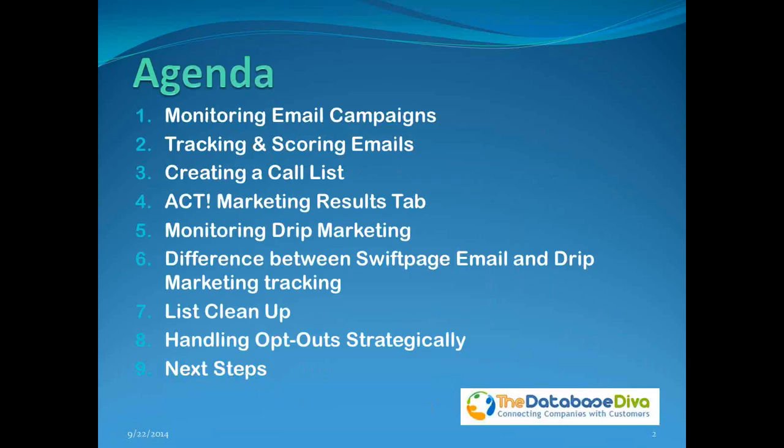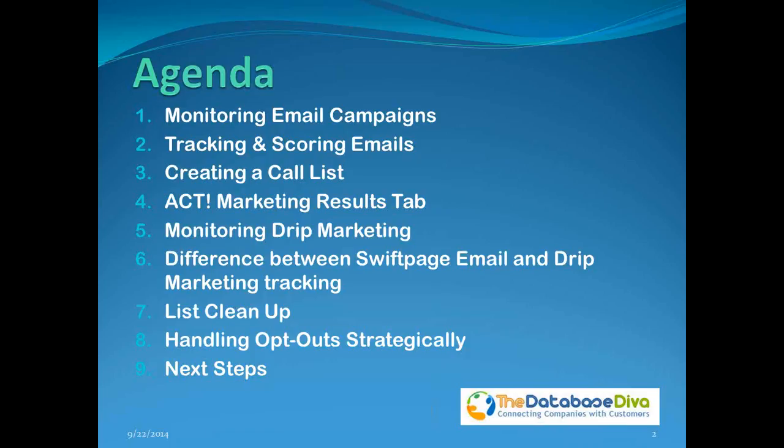All right, Todd, let's do our agenda real quick. We've got 8 things plus next steps that we're going to cover: monitoring our email campaigns, tracking and scoring, creating call lists, using the ACT Marketing Results tab in ACT, monitoring drip marketing, the difference between Swiftpage email and drip marketing.